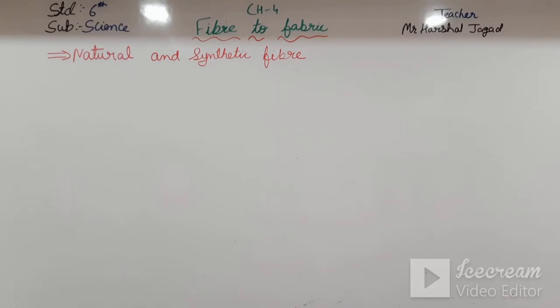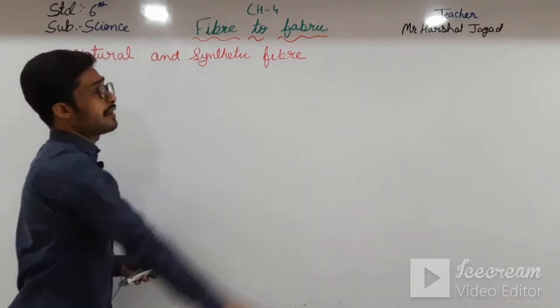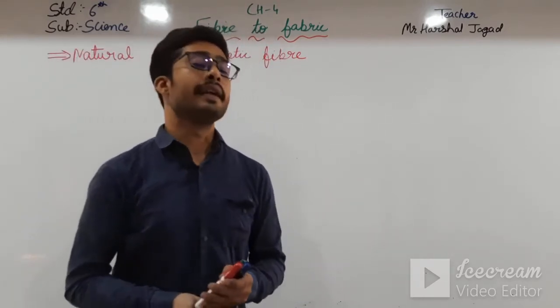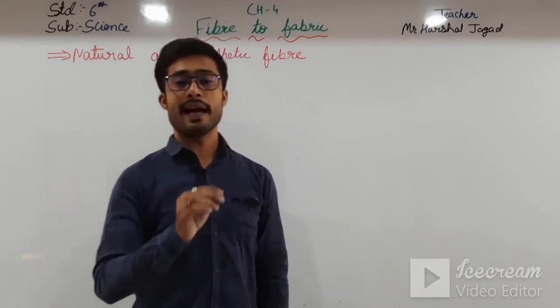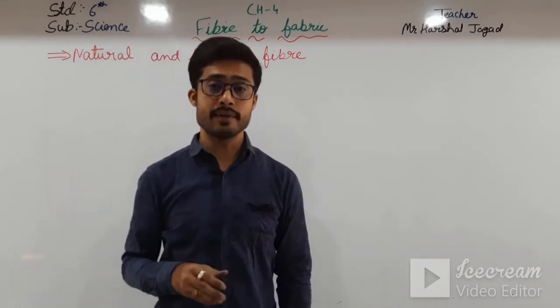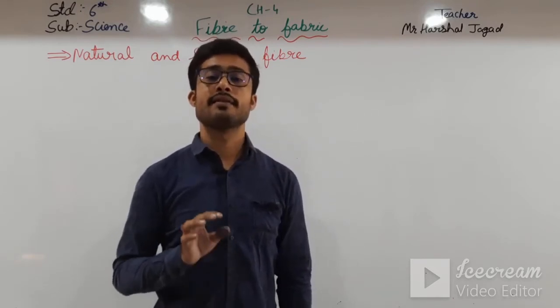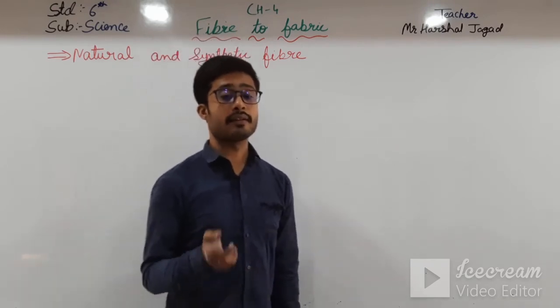See here, I will say what is natural and synthetic fiber, and then after we will go to some of the textual points of it. So what are natural fibers? The fibers which we get from plants, animals, or from nature are known as natural fibers. And what are synthetic fibers?